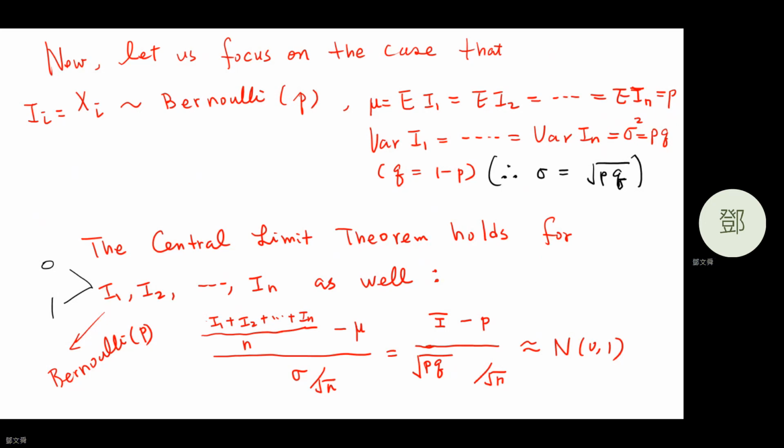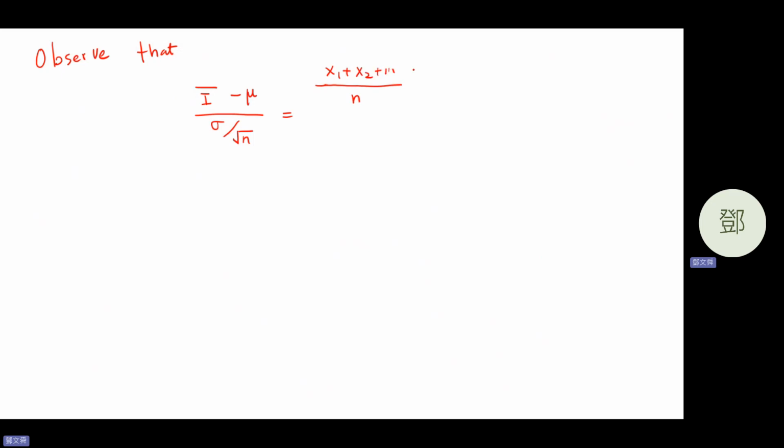I want to re-express the formula. Observe that I bar minus mu over sigma over the square root of n, with x1, x2 all the way to xn minus p, here it is the square root of n, p, and q.